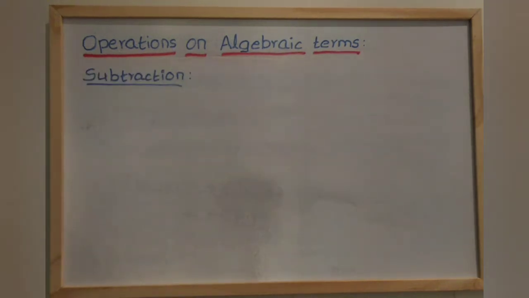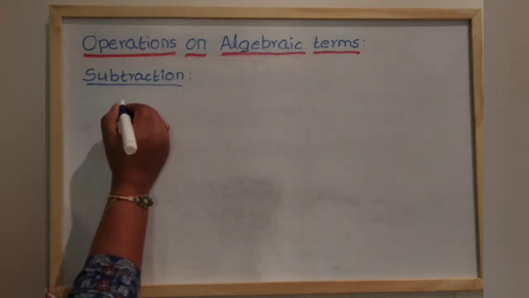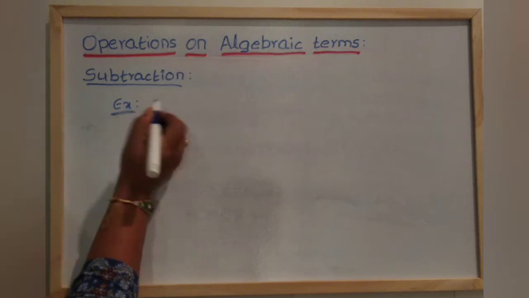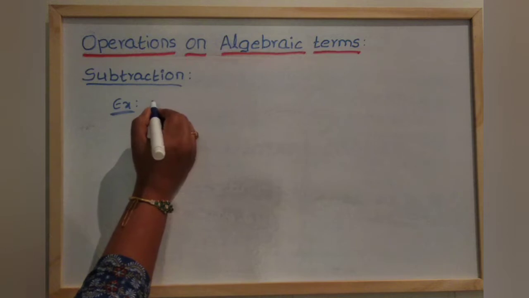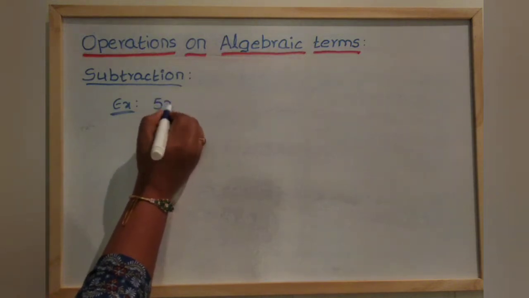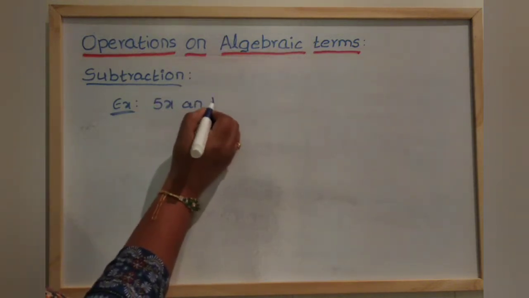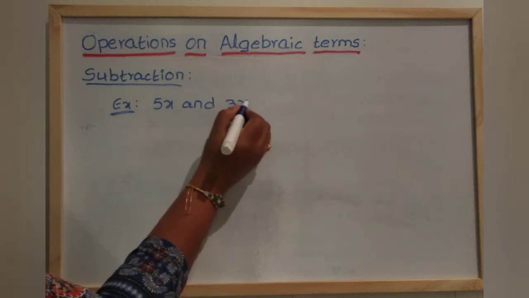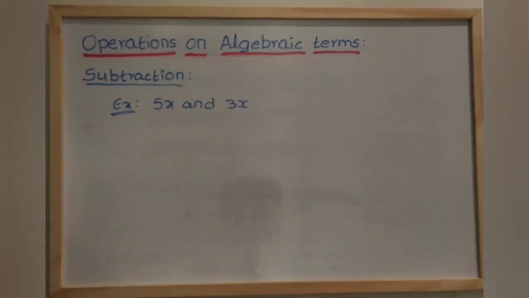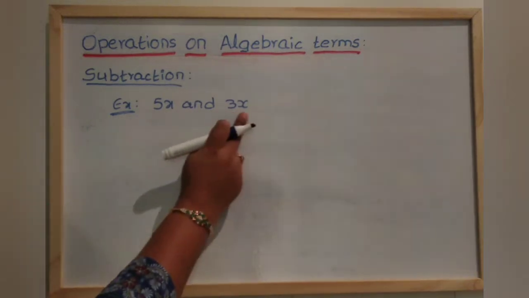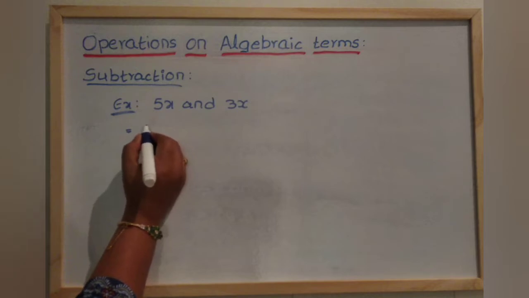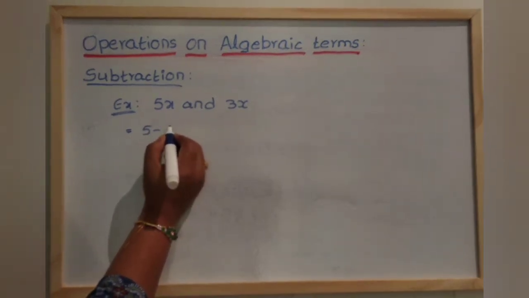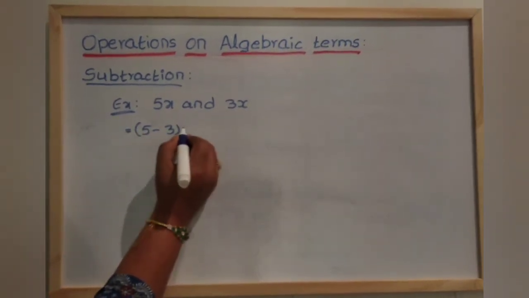Subtraction on algebraic terms. Consider algebraic terms 5x and 3x. Here the variables are same in both the terms. So the numerical coefficients of both the terms can be subtracted.